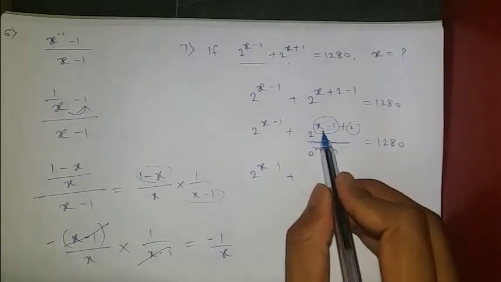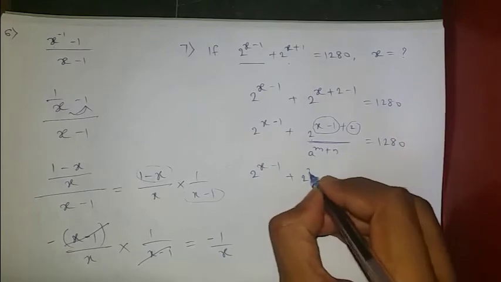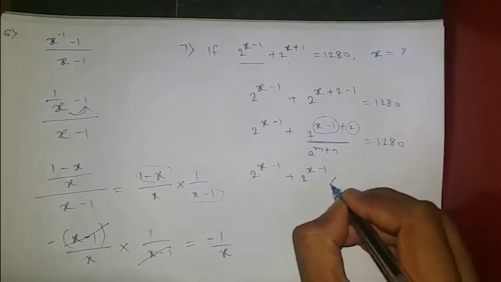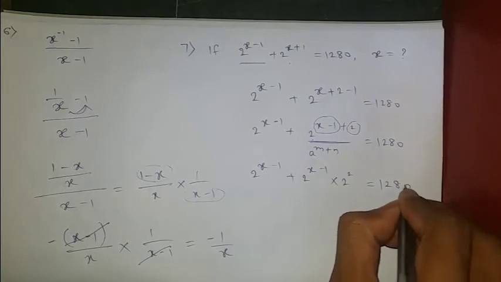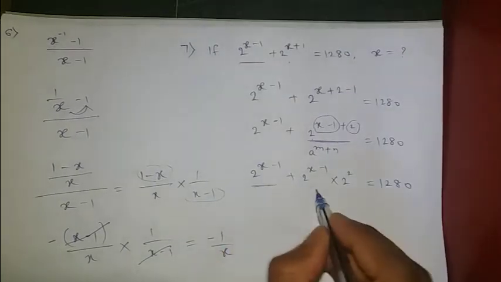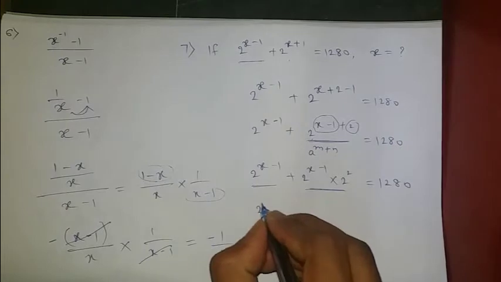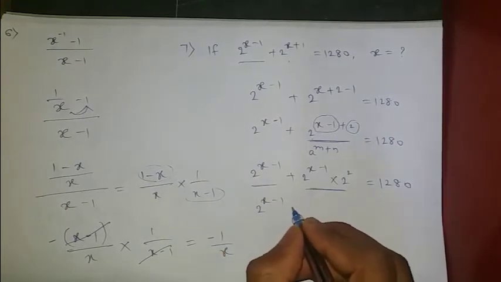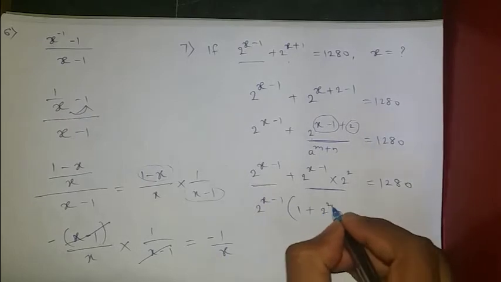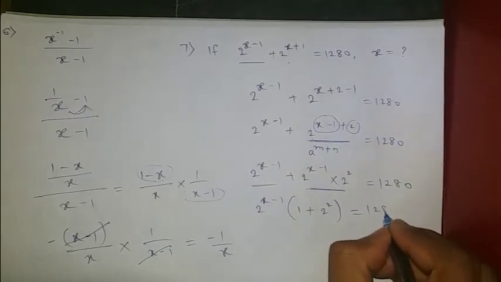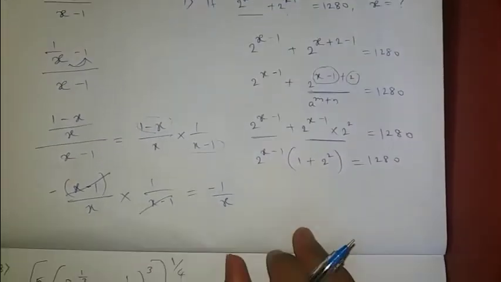So 2 power (x minus 1 plus 2) can be written as 2 power (x minus 1) into 2 power 2, which is equal to 1280. Now from these two terms, I will take out 2 power (x minus 1) common, so we remain with 1 plus 2 square, which is equal to 1280.